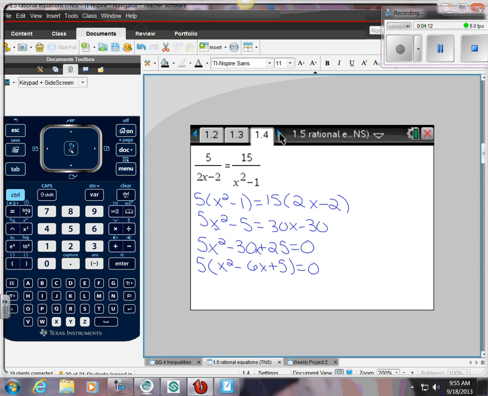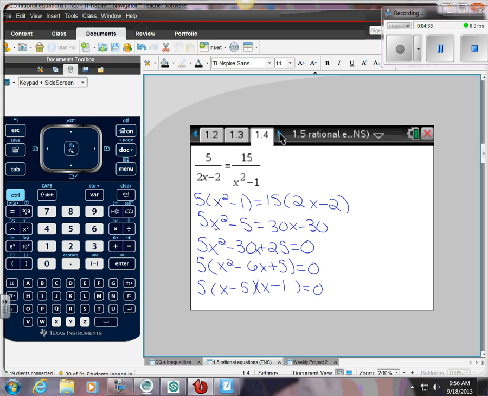Good. Am I done? Why? How's it factor? Good, negative 1, negative 5. Two numbers that multiply to be a positive 5, add to be a negative 6.